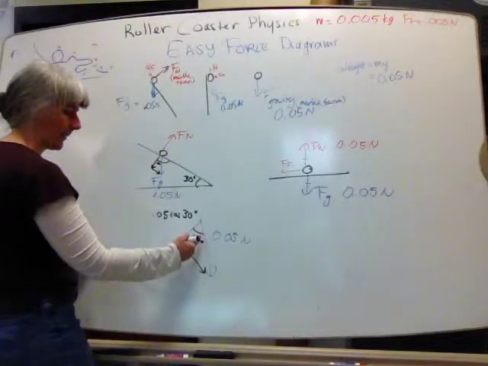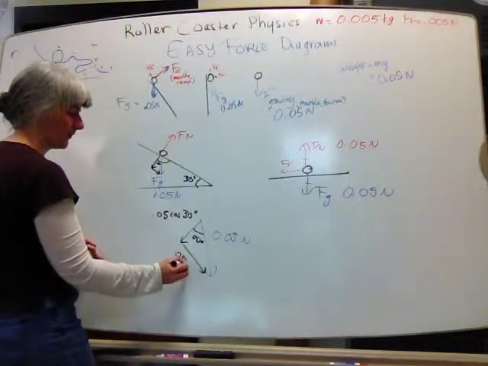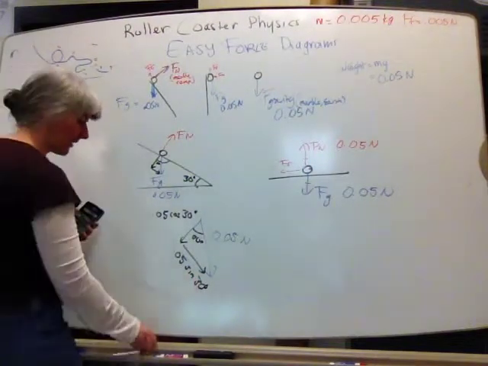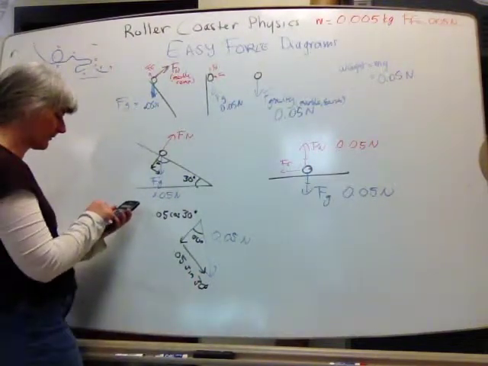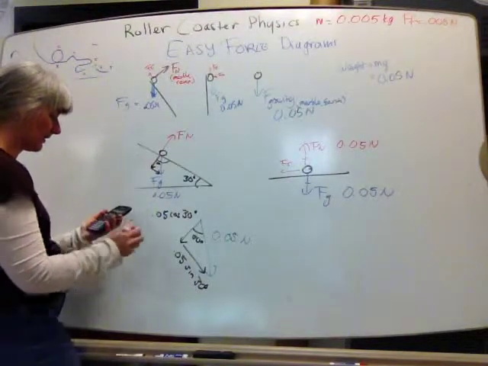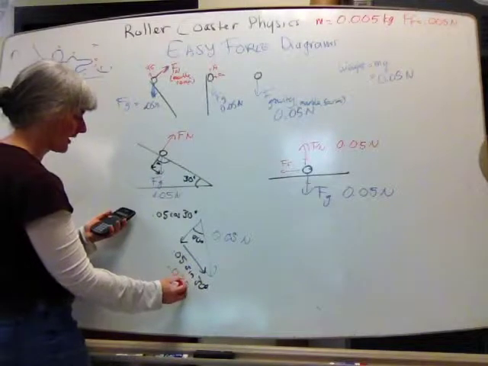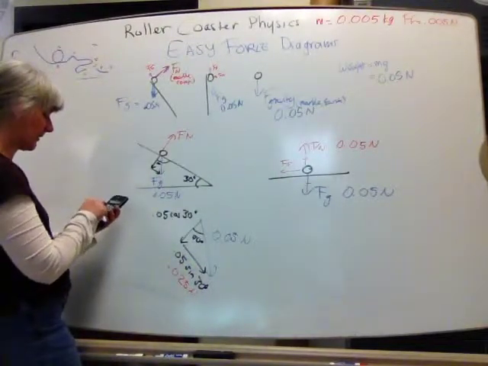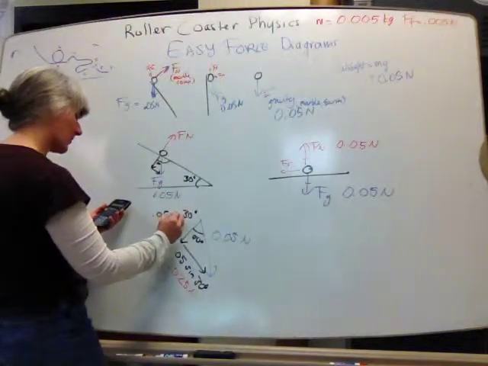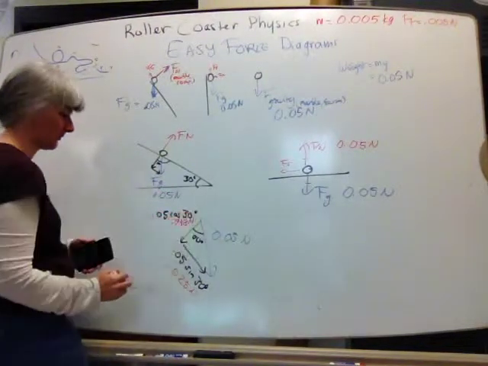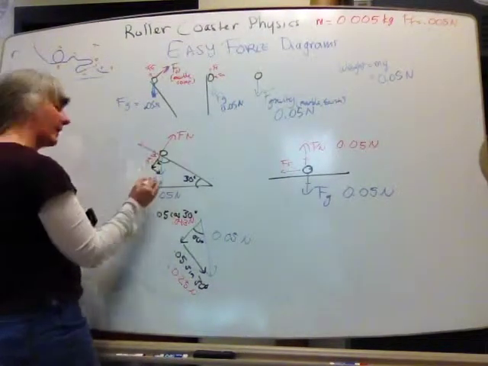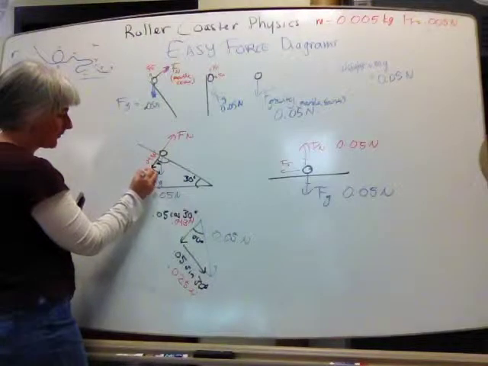And this side is the opposite, so it's going to be the hypotenuse times the sine of the angle. Those I would do on my calculator. 0.05 times the sine of 30 is 0.025 newtons. And the cosine of 30 times 0.05 is 0.043 newtons. So now I know that this part here is 0.043 newtons, and the downhill part is 0.025 newtons.